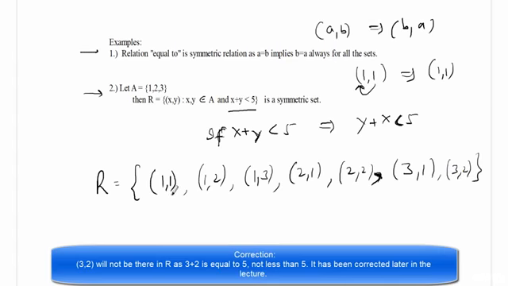Now if we see here, (1, 1) is here, (2, 2) is here. We don't have to write it again because (2, 2) written again in a different order will again be (2, 2) only. So we have to write it just once. Now (1, 2) is here, so (2, 1) is also here. (1, 3) is here, so (3, 1) is also here. By the way, (3, 2) will not be there because 3 plus 2 is equal to 5. It's not less than 5.